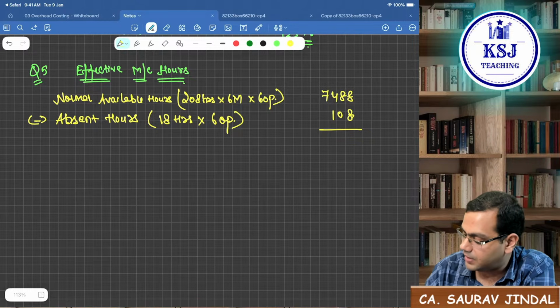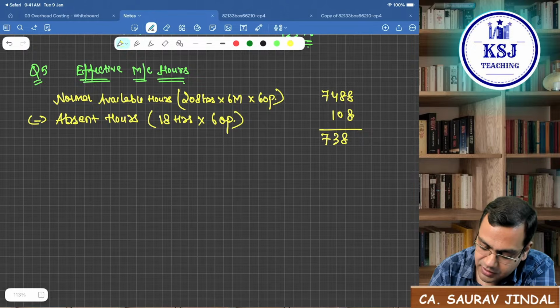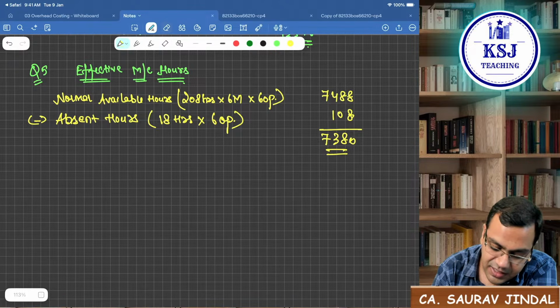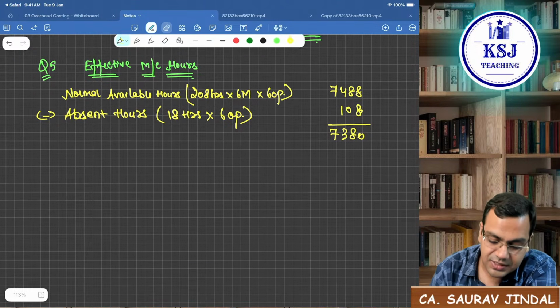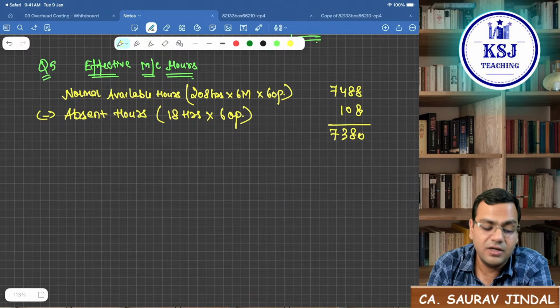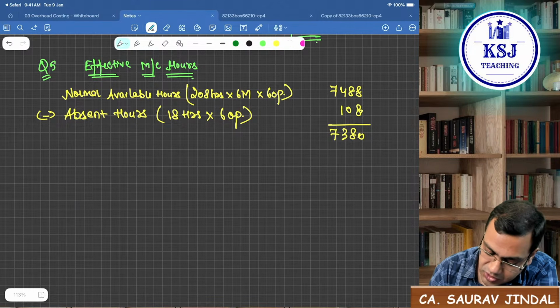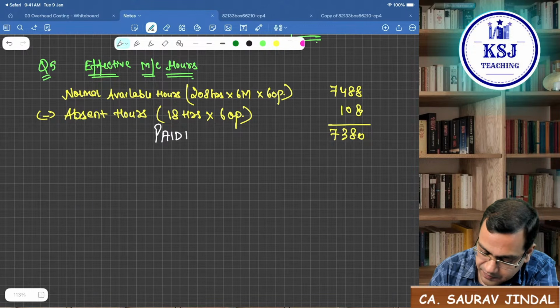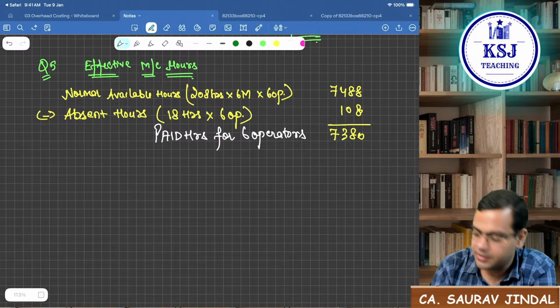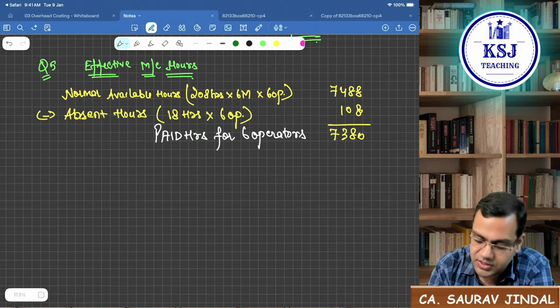So 7488 minus 108 will give me 7380. This 7380 represents the hours for which we are going to pay the 6 operators, right? So I can write here, this represents the paid hours for 6 operators.